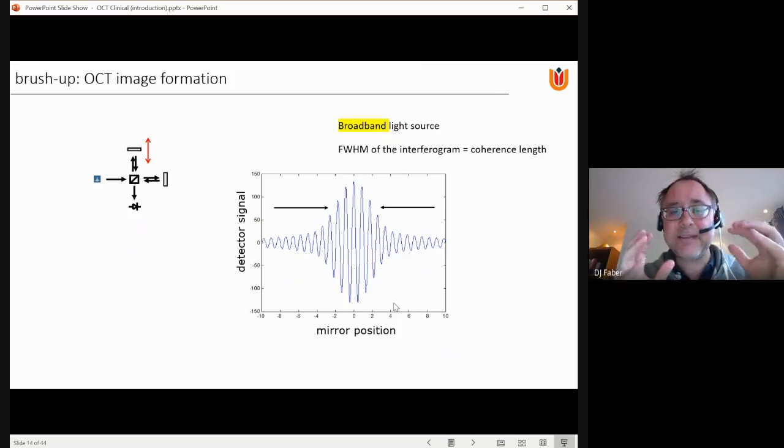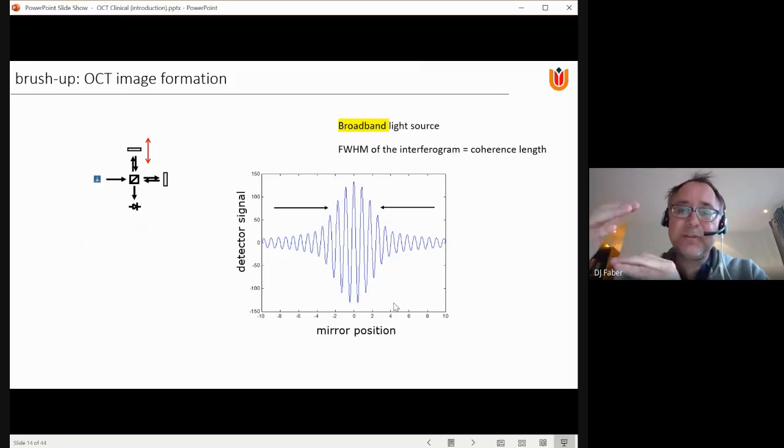If these lengths are exactly the same, the path length difference is exactly 0, only then will all these wavelengths interfere. At any other position, some will interfere constructively, some will interfere destructively, some will cancel, but the overall magnitude will drop. Only at the position of 0 delay, 0 difference, will all the wavelengths constructively interfere. And then you will have signal build.